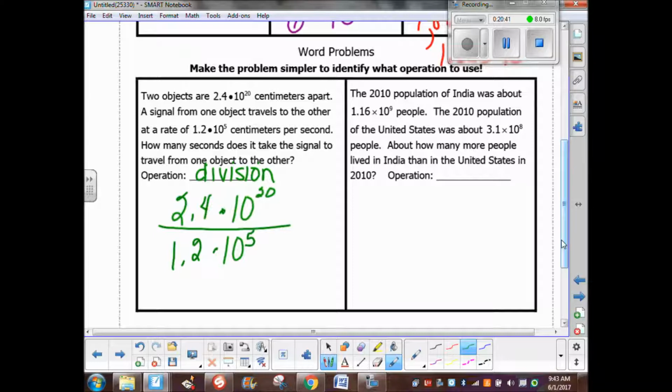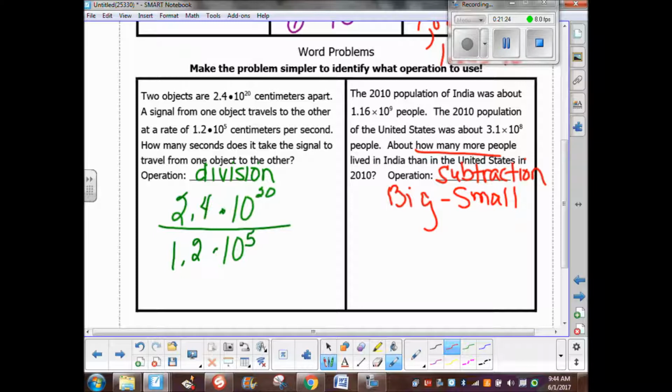Go ahead and read the second problem. Tell me what operation is the second problem. Add, subtract, multiply, or divide. Sarah? It's subtraction. How much bigger? Or about how many more? Now, subtraction has to be, especially when we're talking about population, big minus small.